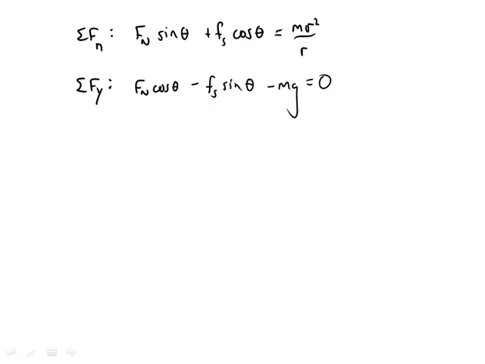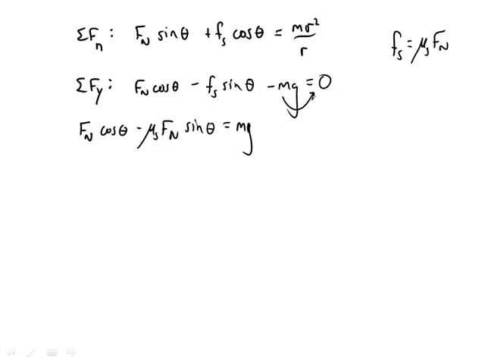Well, once again, keep in mind that Fs is equal to mu s times F normal. So if I rewrite the y equation, I get Fn cosine theta minus mu static Fn sine theta equals mg, bringing the mg to the other side of the equation.